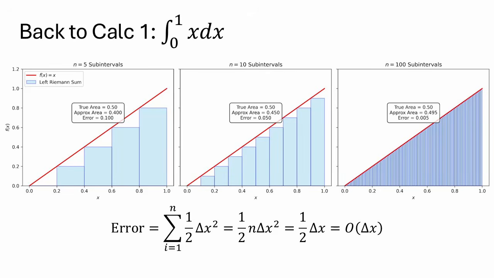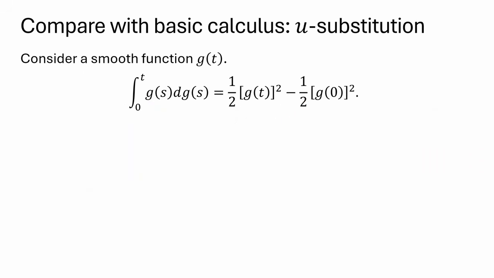The area is the total area of the little triangles, so it's the sum of half Δx squared, that's half Δx. The coefficient 1/2 matters little here. The point is the error is linear in Δx, which tends to 0 as n tends to infinity. The moral of the story is, in regular calculus, the second order contributions tend to 0 as the partition becomes infinitely fine.